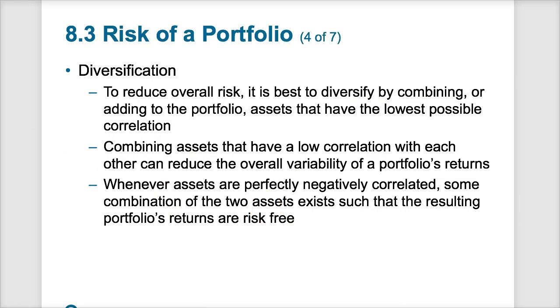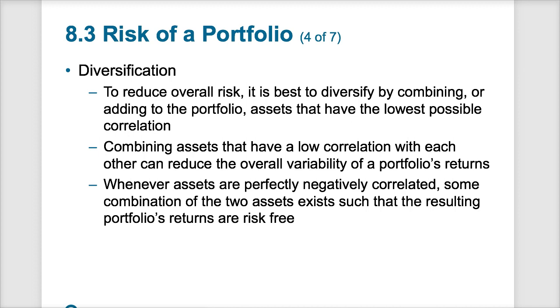Diversification is the idea of building a portfolio by combining a number of assets that have a low correlation to each other, so we can eliminate some risk. If they have a low correlation, then the volatility and variability of the returns of the portfolio will be reduced. But we want a combination of assets and correlation.